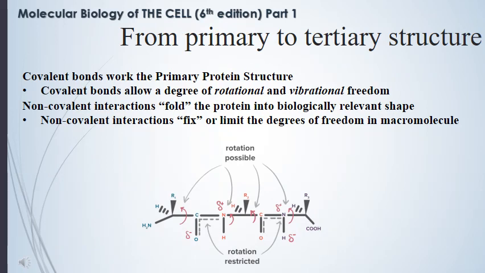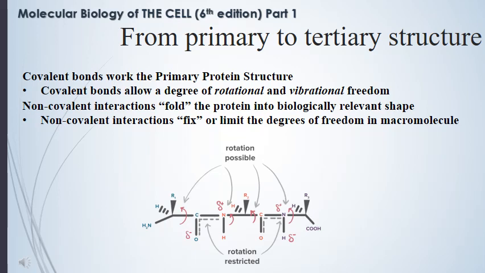So let's talk about the tertiary structures of polymers. Let's say in proteins especially, obviously the covalent bonds create the primary structure of the protein.